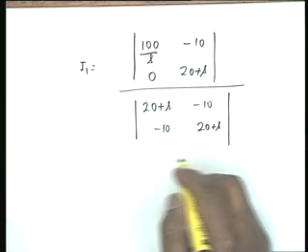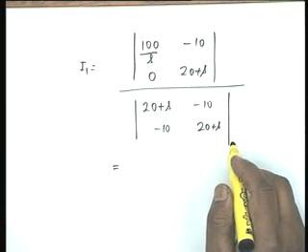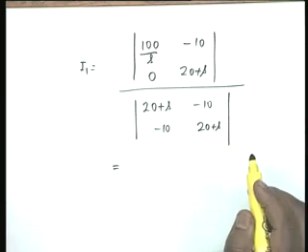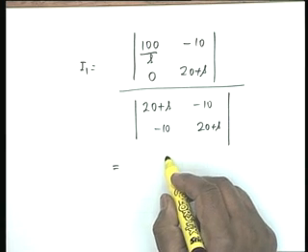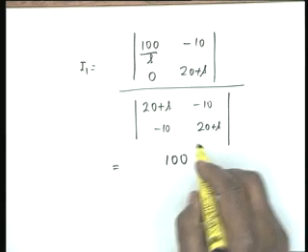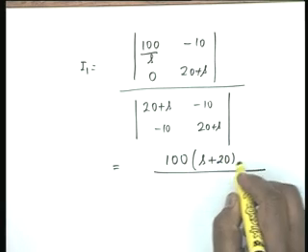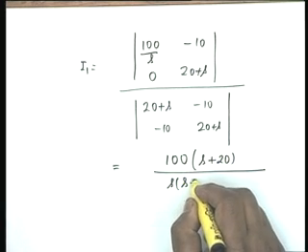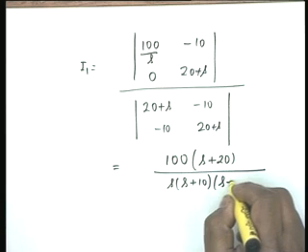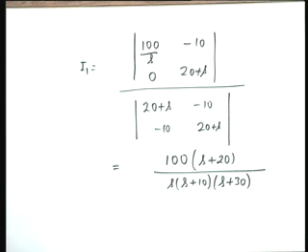The simplification gives me, I omit a couple of steps, I have them here, but because of time I omit this, and I get 100 times S plus 20 divided by S times S plus 10 times S plus 30. Fortunately the roots are real. Well, there is nothing fortunate about it. If the roots are complex, then you know how to write A e to the minus alpha t sine of omega t plus theta.